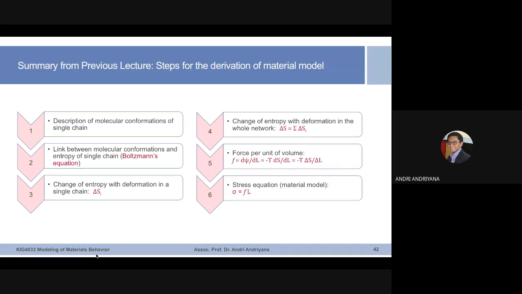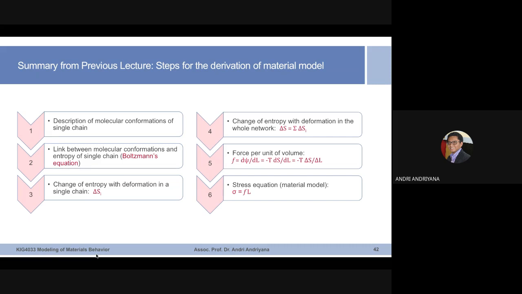Which means that minus T delta S over delta L basically means that we need to evaluate how the entropy of the system, the entropy of your materials, will change with deformations, delta S over delta L. And then how do we get the change of entropy of a material with deformations, knowing that rubber consists of many polymeric chains?